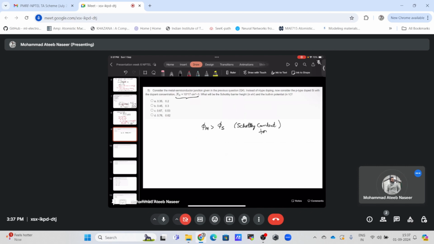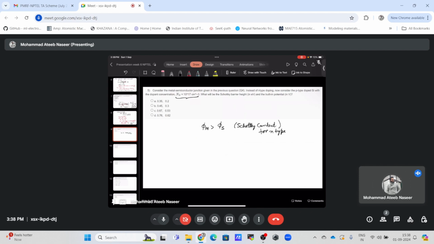Now the reverse is the case over here, because now we have this metal Fermi level, which will be above the Fermi level of the p type semiconductor. So as a result, we will be getting the Schottky contact for the p type.